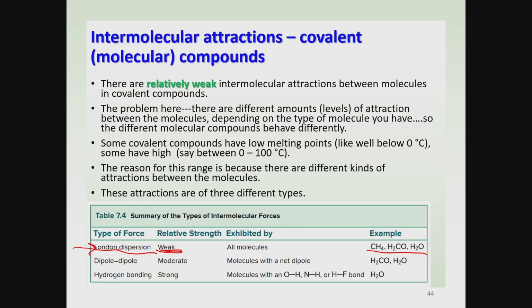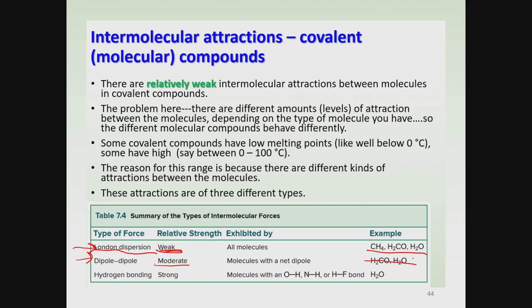Now, there are molecules with some stronger forces between the molecules. These forces are called dipole-dipole interactions. They are stronger than dispersion forces. They're of moderate strength, and you will find that they tend to occur in polar covalent molecules. Here are a couple.